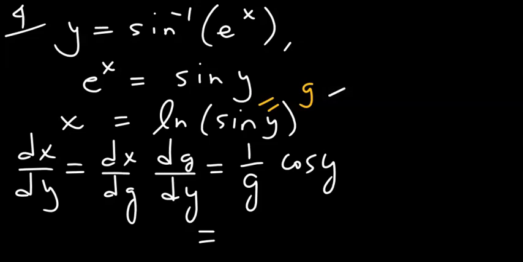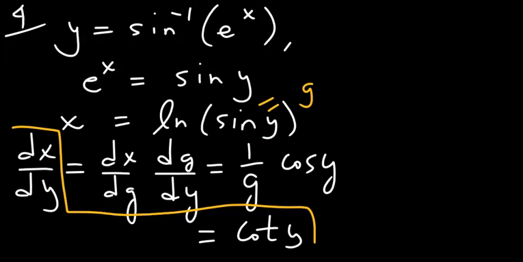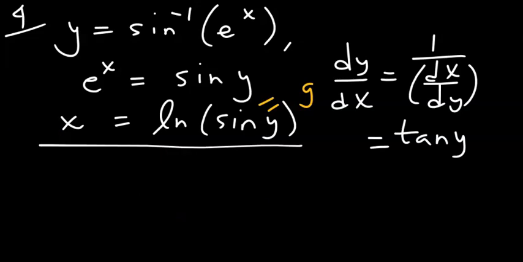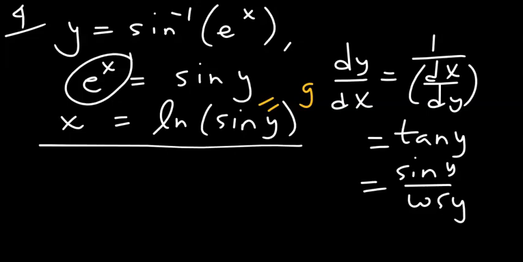And since g is sine of y, cosine of y over sine of y is cotangent y. Note what we have calculated here is dx/dy. So dy/dx is just 1 over dx/dy, which in this case will be tangent of y. Now tangent of y is sine of y over cosine of y. Now we know sine of y in terms of x is e to the power x.